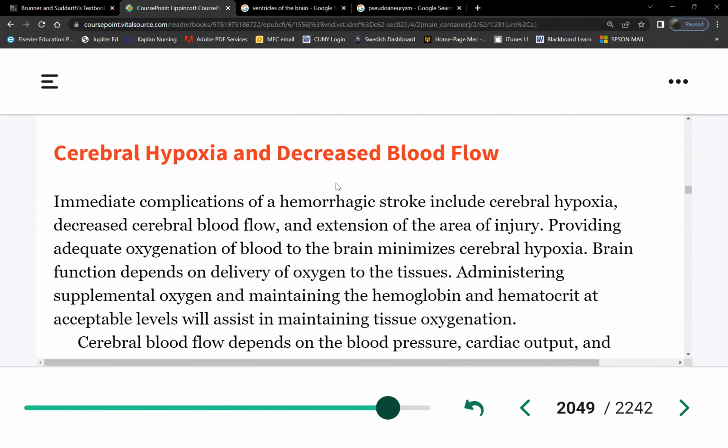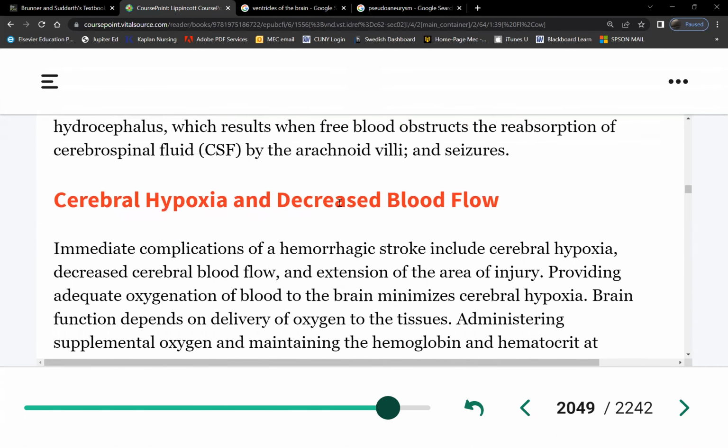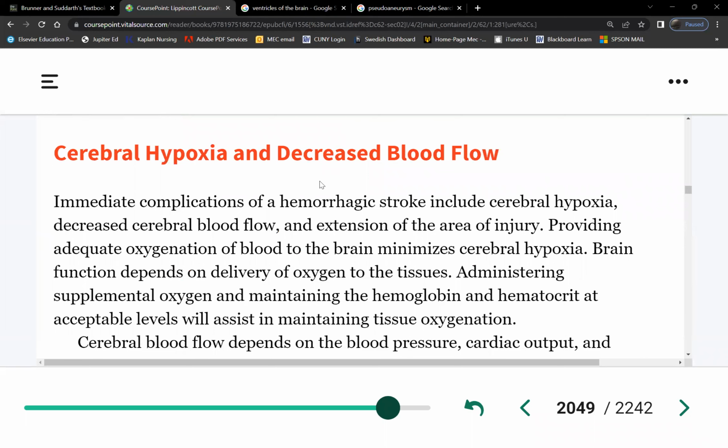So first one is hypoxia and decreased blood flow. So these are now the secondary injuries. What will cause this? Well, the space occupying lesion in this particular example will be the hematoma, correct? Caused by the bleeding. So it will cause compression of arteries, veins, capillaries, which will impair blood flow to other parts of the brain.